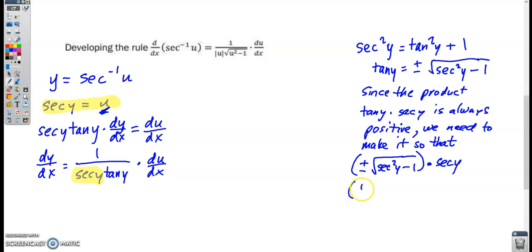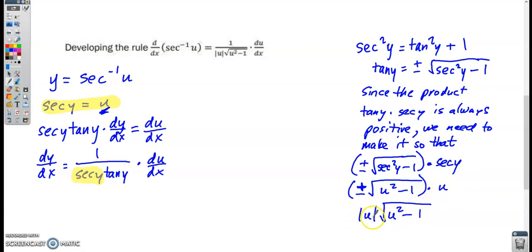So we need to get plus or minus the square root of u squared minus 1 times u to always be positive. And the mechanism that we can use in order to do that is if we get rid of this plus or minus, but we make it the absolute value of u instead of just u. Now, no matter what, whether u is positive or negative, this expression is always positive.